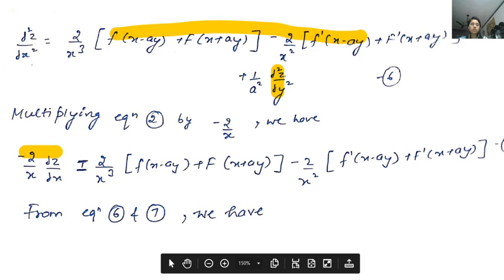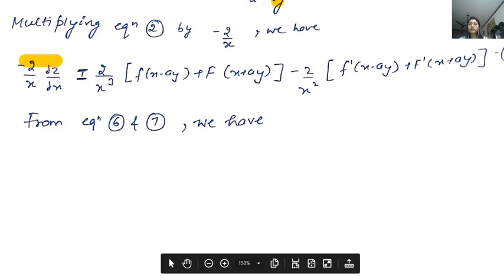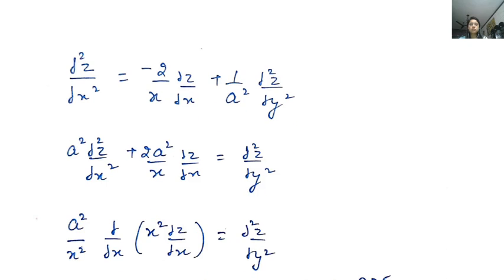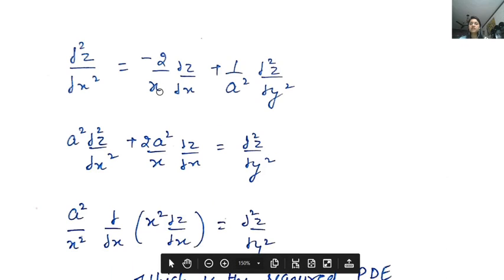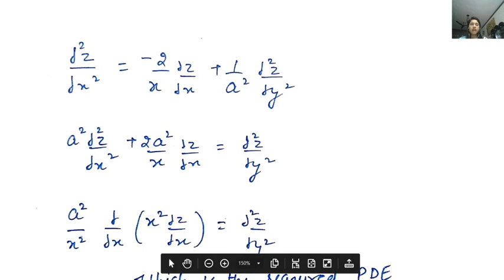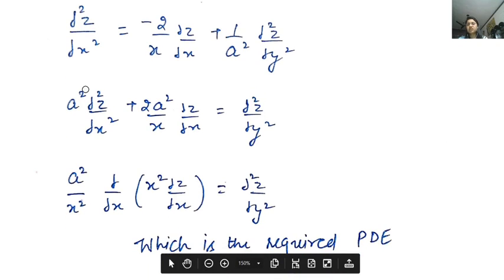So we have ∂²z/∂x² equals to minus 2 over x ∂z/∂x plus 1 over a square ∂²z/∂y². We can simplify it by multiplying both sides by a square, and this is the required partial differential equation.